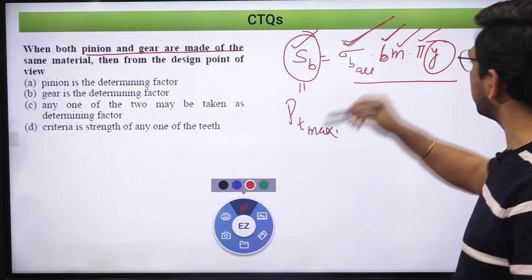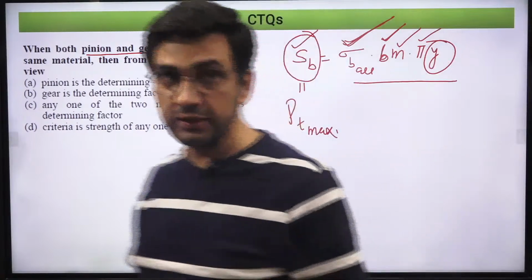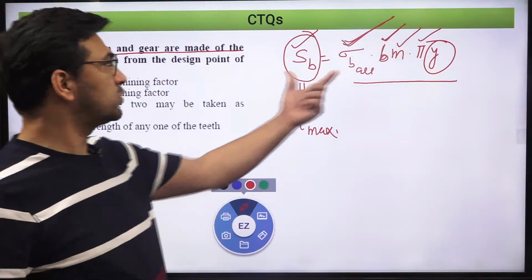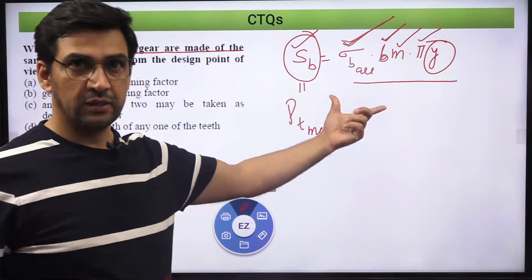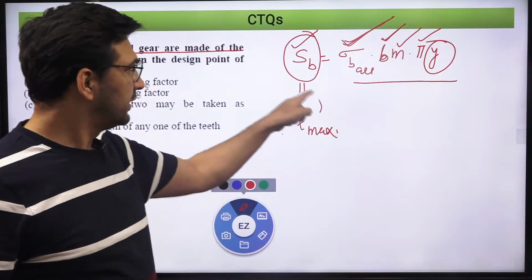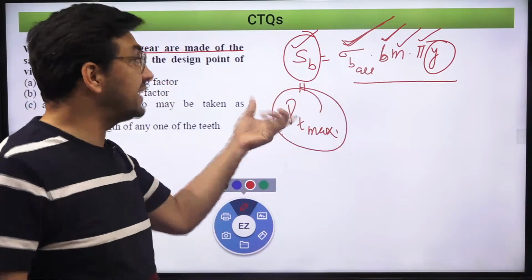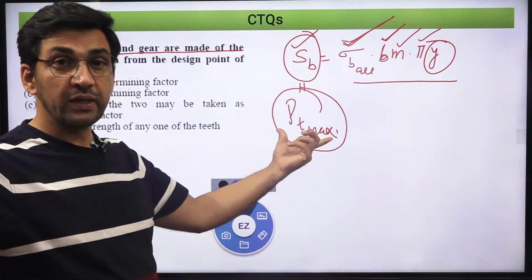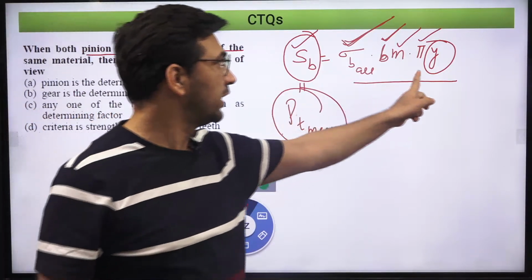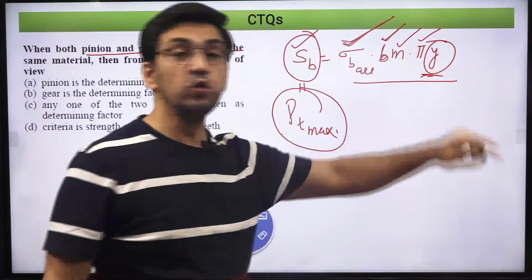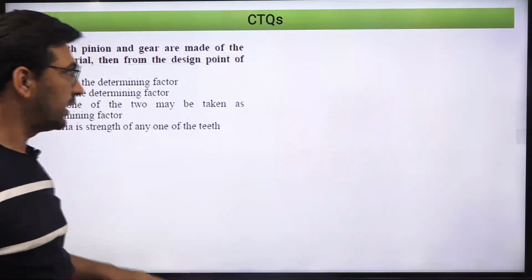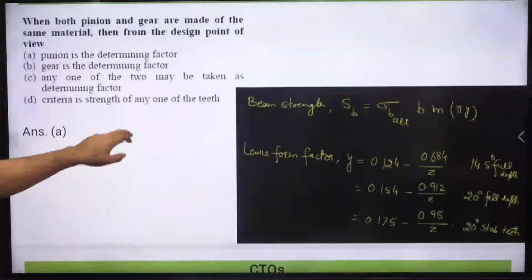So the deciding factor: which one of these two is weaker, which is going to carry the lesser load? This is the maximum tangential tooth load that the gear and pinion can carry. So the deciding factor is the Lewis form factor, small y. If you have an idea of the Lewis form factor values, then I think you will be able to get the answer.